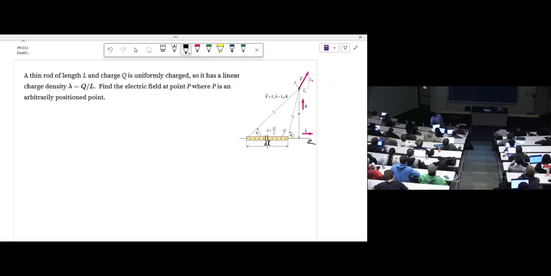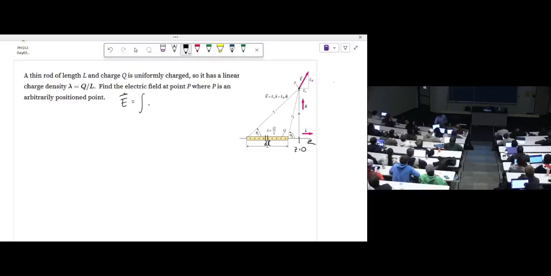And I'm going to call the point directly underneath my arbitrarily chosen point P z equals 0.